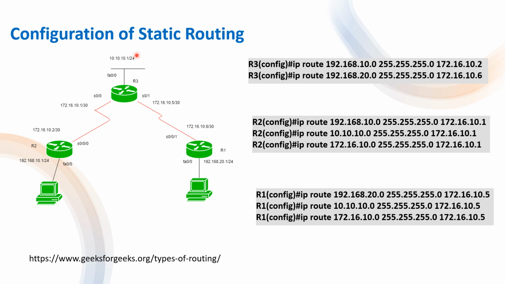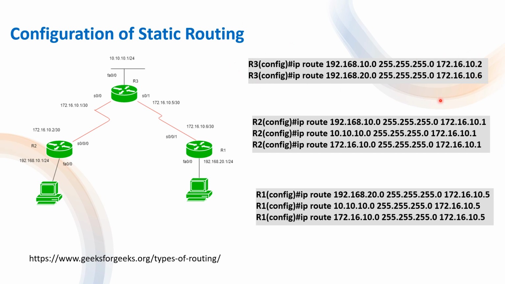Now we have only static routes for router 3. So router 3 is configured in the following manner.